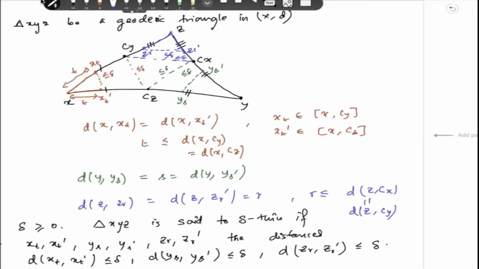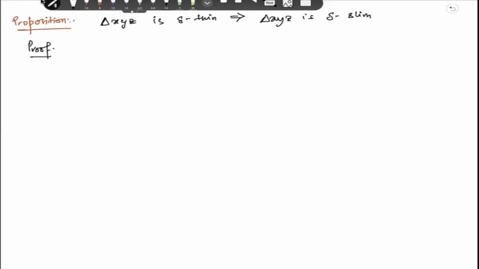So now observe the following. If a triangle XYZ is delta thin, this will imply that triangle XYZ is delta slim. This follows from the definition, so the proof is very easy. You assume that this triangle XYZ is delta thin. So this is my triangle.